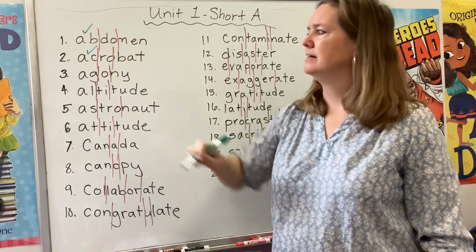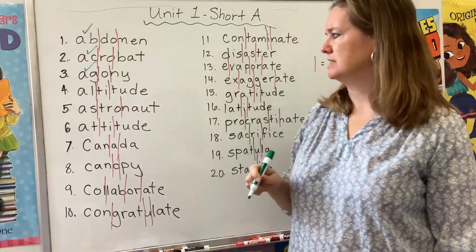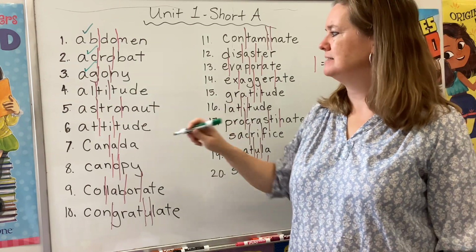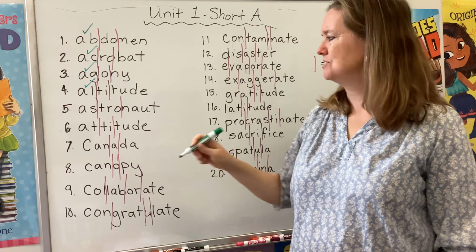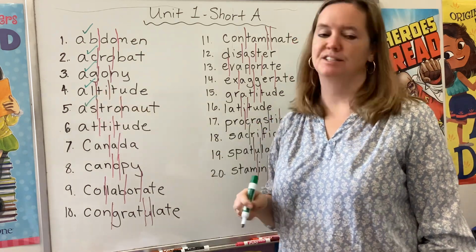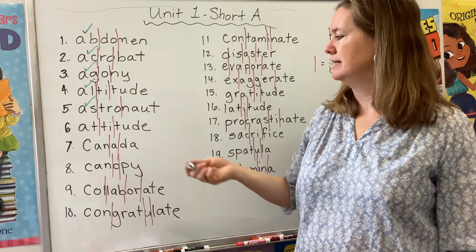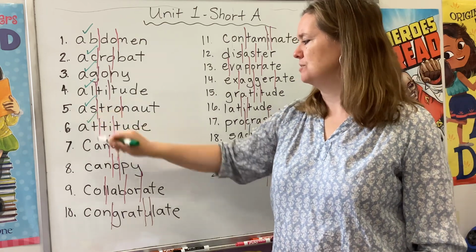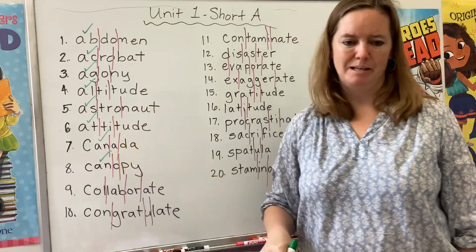Acrobat, first syllable. Agony, first syllable. Altitude, first syllable. Astronaut, first syllable. So far, all of our words start with a stressed syllable. Same thing with attitude and Canada and canopy.